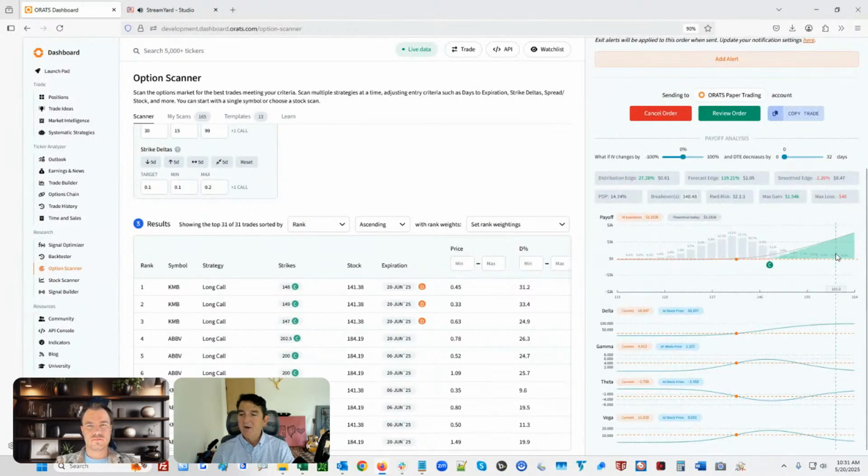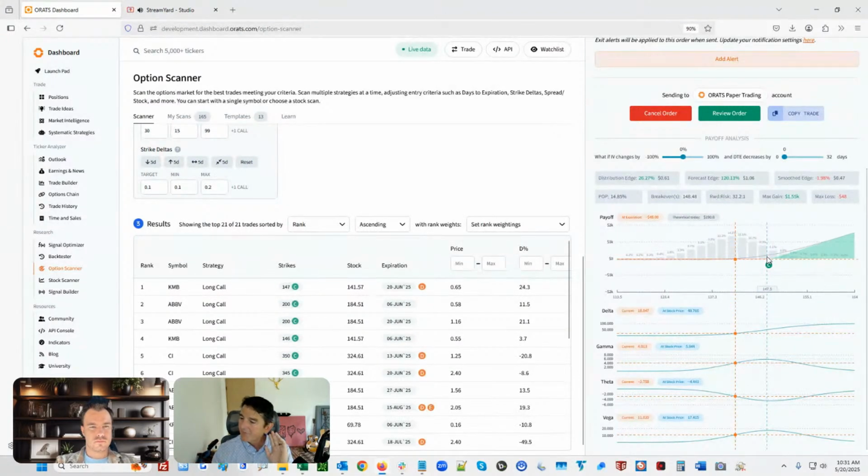We could almost do a whole show on it, but it's based on historical stock movements that are adjusted for the volatility at the time. So if the stock was really low and the volatility was really high and it moved, in one of these buckets, we adjust it for the implied volatility. That's all I'll say on that, but it's a good calculation.